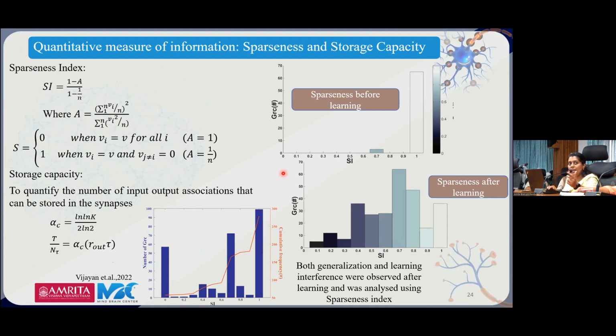We can see that before the learning process, the neurons either responded to all the stimuli or did not respond to any of the stimuli. Whereas after the learning process, a clear generalization as well as learning interference was seen with the training, and the average sparseness index was coming around minus 0.7, which is also accounted to be a good sparseness index for a neuron.